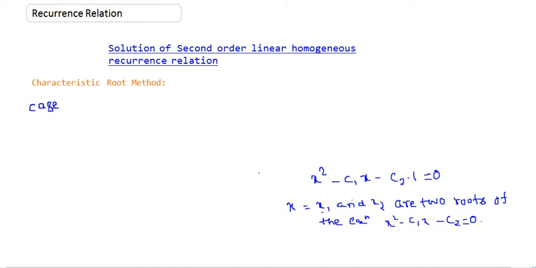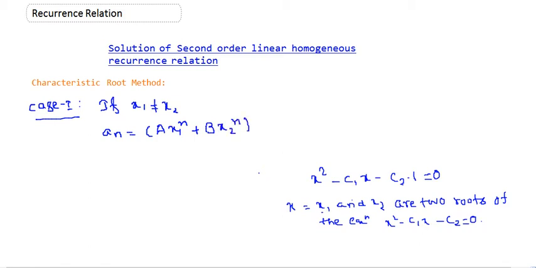Case 1 is if x1 and x2 are different. Then the solution an of the equation will be some constant capital A times x1 to the power n plus some constant B times x2 to the power n, where A and B are constants.